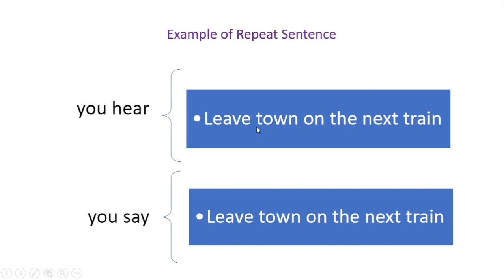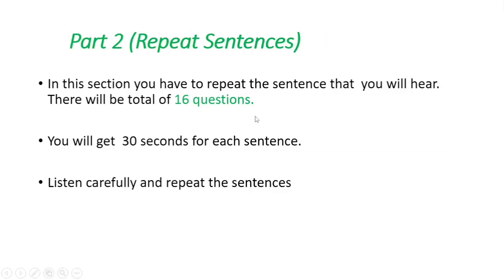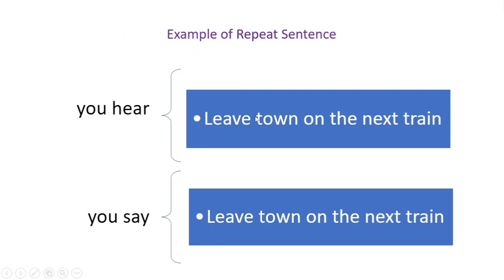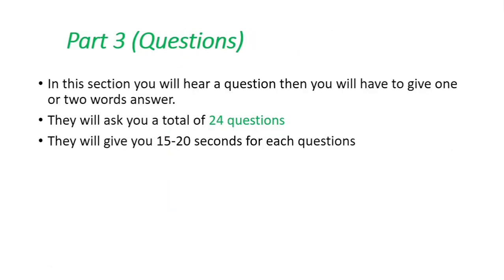For example, you hear the audio saying, leave town on the next train. Within the time limit you will have to repeat this: leave town on the next train. In this way you will get 16 questions, and you have to give the answer in 30 seconds for each question.